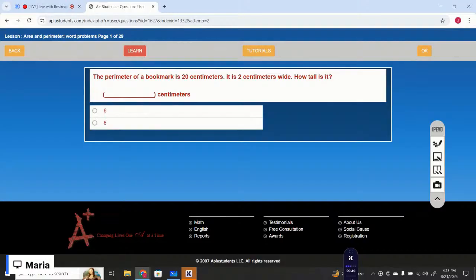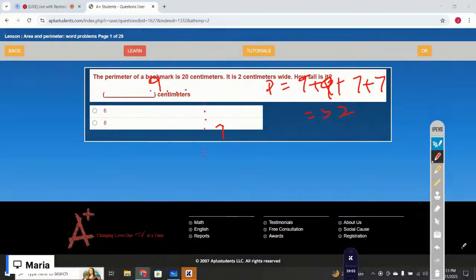It is 2 centimeters wide. How tall is it? So we are given the perimeter, that is 20. And you are given one of the side lengths, that is 2 plus 2.